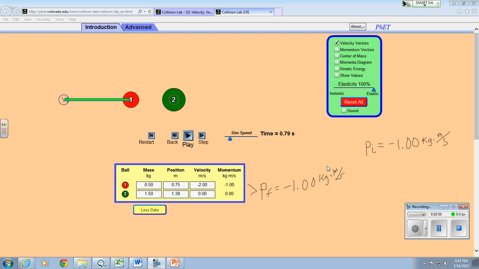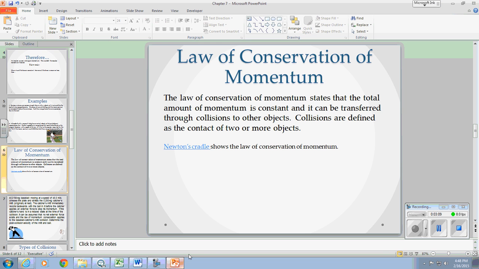It's the same momentum before and after the collision. And that's the law of conservation of momentum. The total amount of momentum is constant, or it's conserved, and it transfers itself through the collisions of objects.